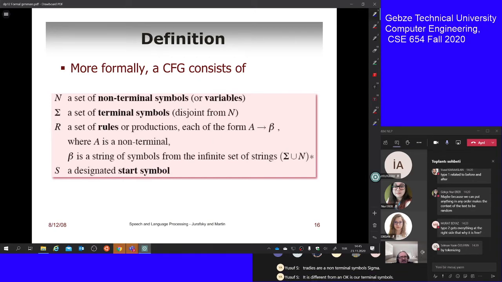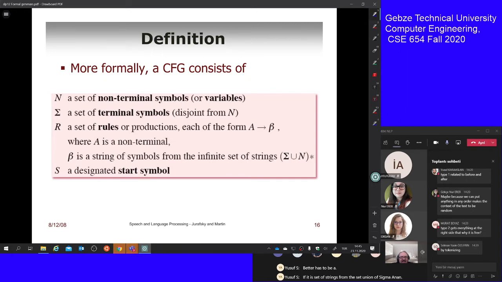In this case, those are our words and punctuation marks for natural languages. And R is a set of rules in the form A to beta, with a non-terminal A on the left, and no restriction on the right. A has to be a non-terminal, beta has to be an infinite set of strings from the union of sigma and N.